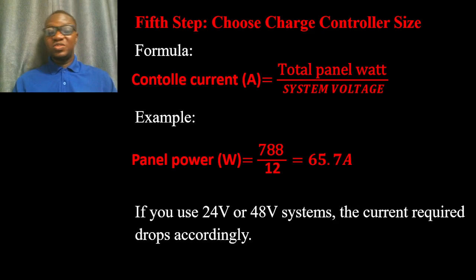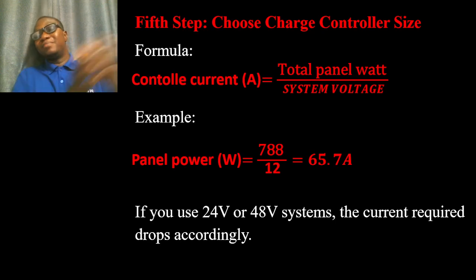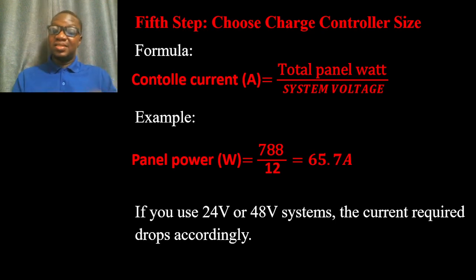So if you use a 24 volt or 48 volt system, the current required will drop accordingly. So that is why you have to be knowledgeable enough in this calculation aspect before implementing a solar installation on sites.